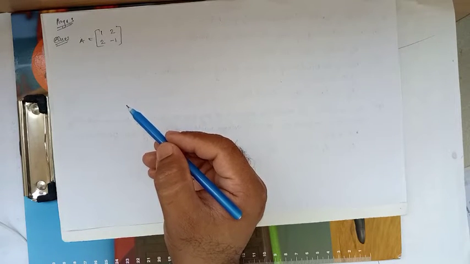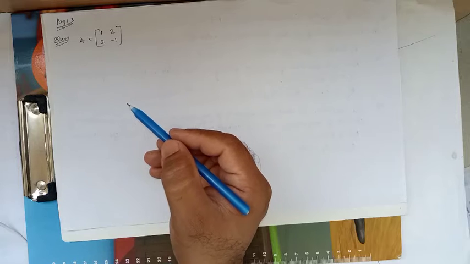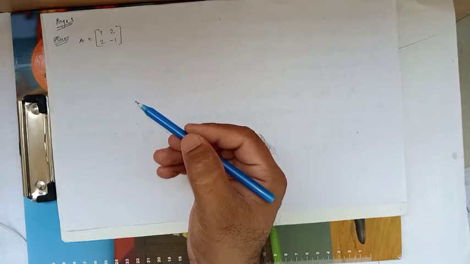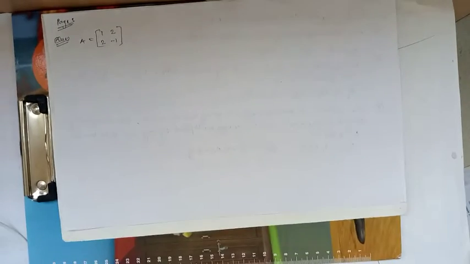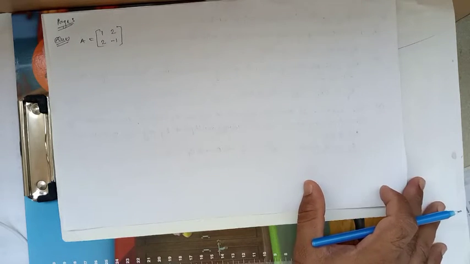I am following row wise. Row operations I will perform in this particular question. You have both options, whether you want to perform row operations or column operations. It is up to you which one you want to use.